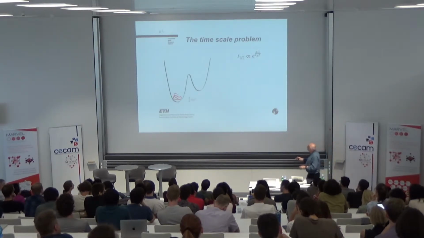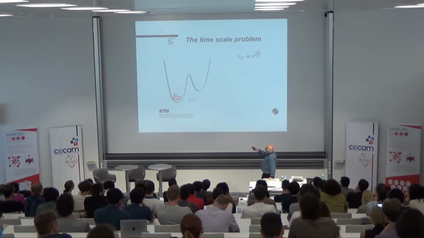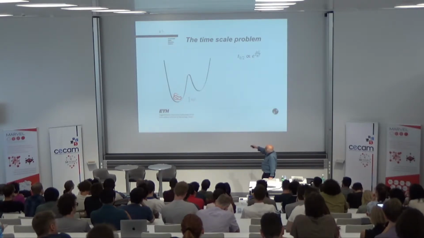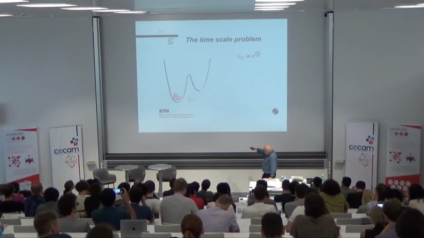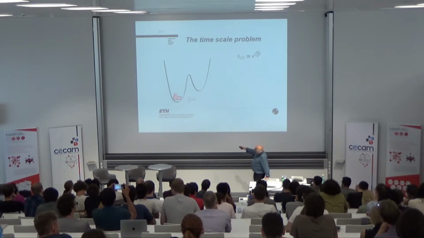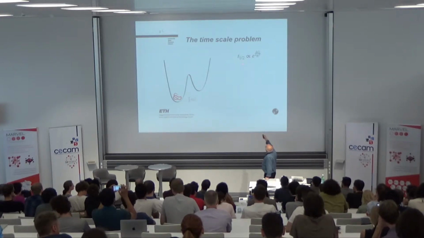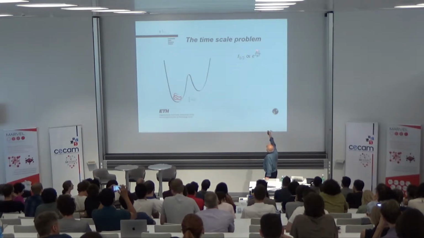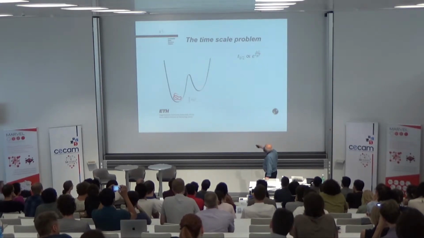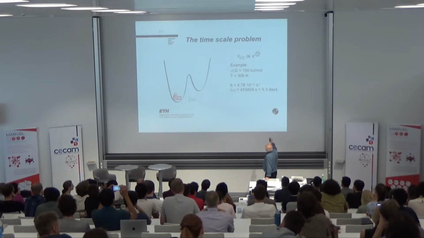The time scale problem is related to the presence, not all the time but most of the time, of barriers. If you have a system here, it will fluctuate in the minimum, and if the barrier is high, the lifetime of this state will grow exponentially with the barrier height, and this leads to enormously long reaction times.